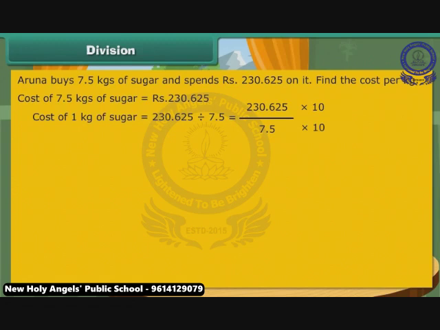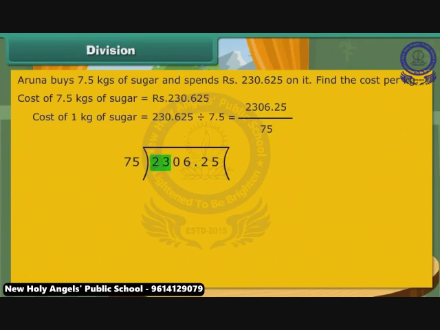A multiplication by 10 shifts the decimal point to the right by 1. Now we divide 2306.25 by 75.